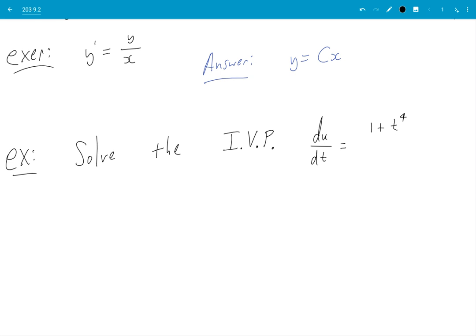So we get this awful looking thing, u prime equals u t squared over something, and the initial value is u when t is 1 is just 1.